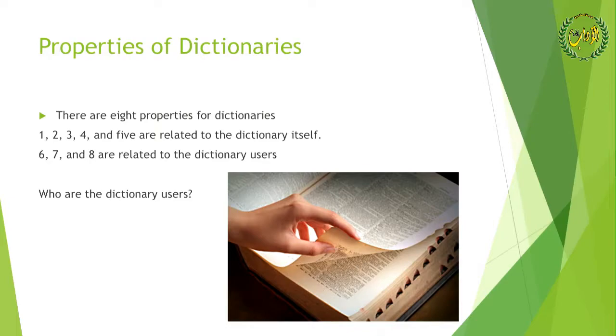But who are the dictionary users? The dictionary users are anyone who uses the dictionary. You are a dictionary user. I am a dictionary user. Every student who has a dictionary and goes back to the dictionary to look up a certain word is a dictionary user.